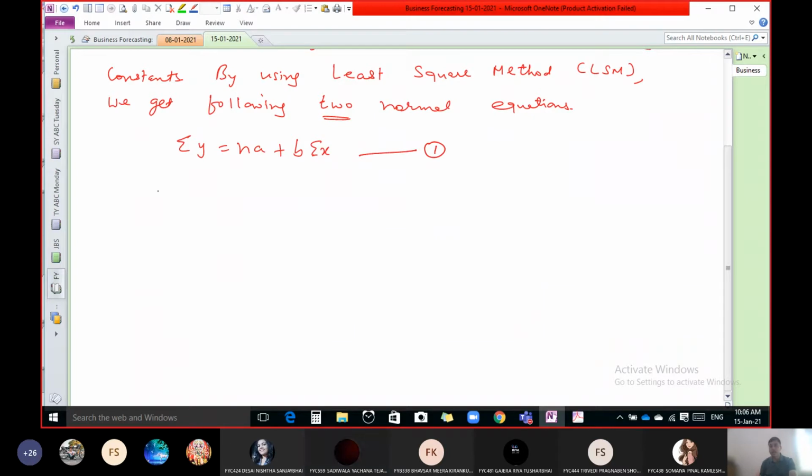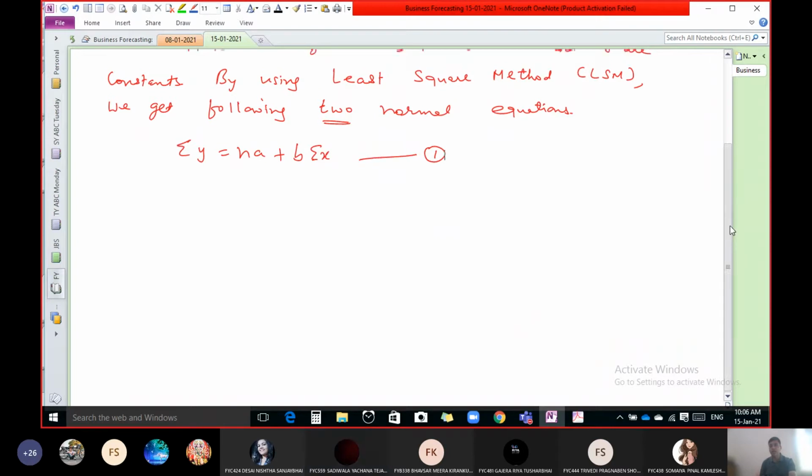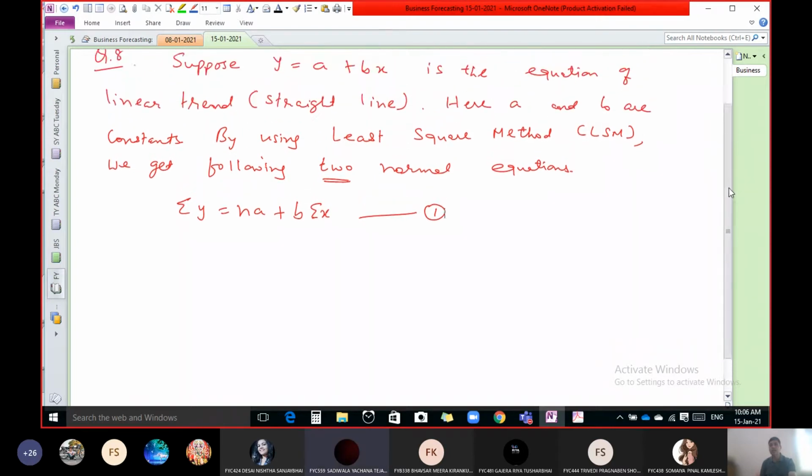Second equation, see how to learn this second equation. What you require to do? Multiply both the sides by x. If you multiply both the sides by x, what we get? xy equal to ax plus bx square. Now put x1, y1, so we get like this.